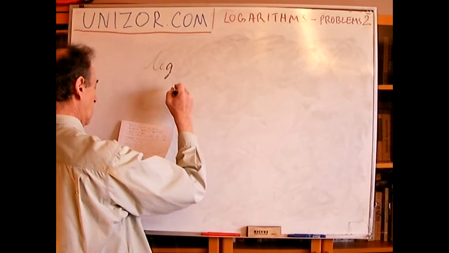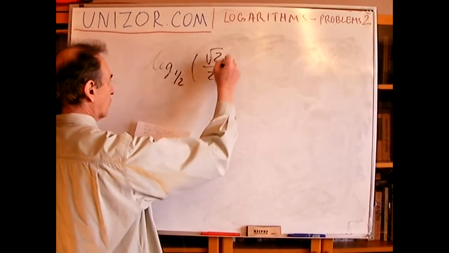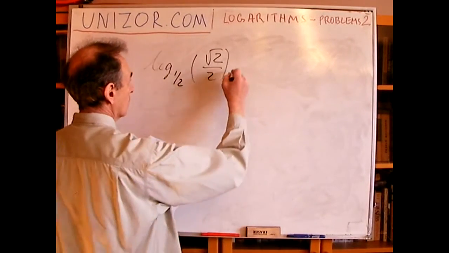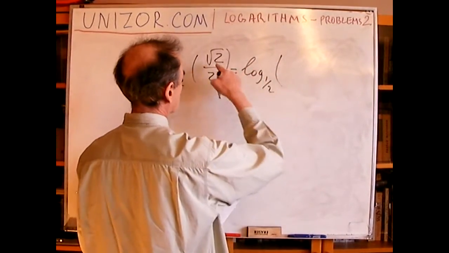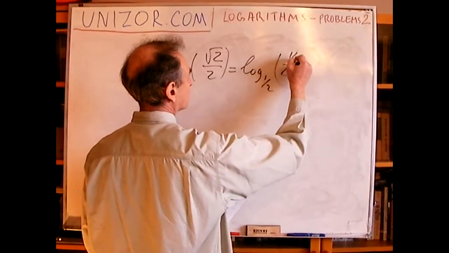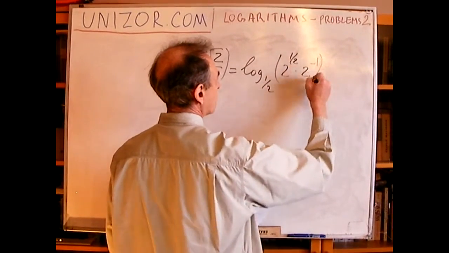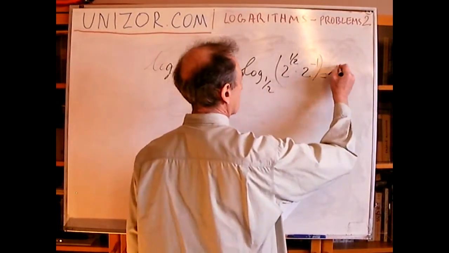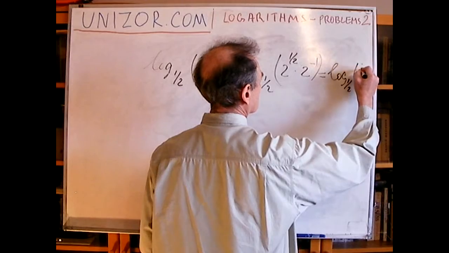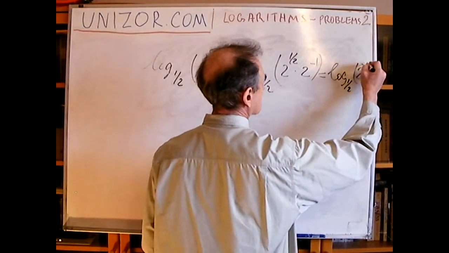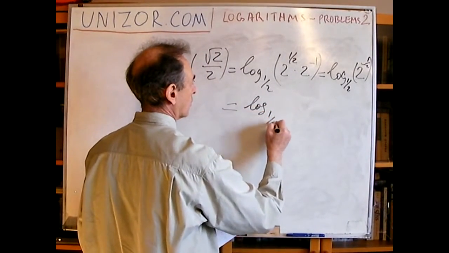Log base 1/2 of square root of 2 over 2. What is it? Square root of 2 is 2 to the power of 1/2. Then 1/2 is 2 to the power of minus 1, which is log 1/2 of 2 to the power of minus 1/2.